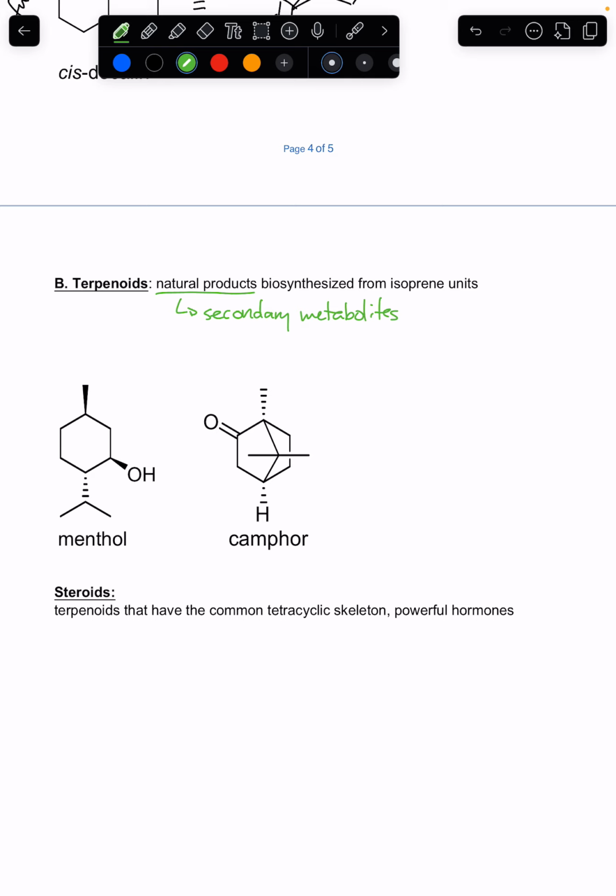Those are the primary things that make up our body or our cell structure. And those are proteins, carbohydrates, fats or lipids that make up like the cell membrane, and also nucleic acids like DNA and RNA. Those are primary metabolites, essential macromolecules we need to make up biological systems.